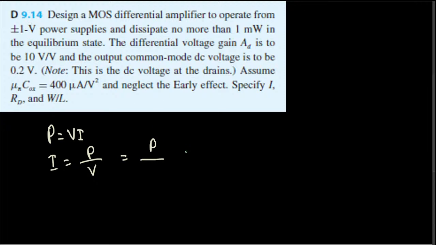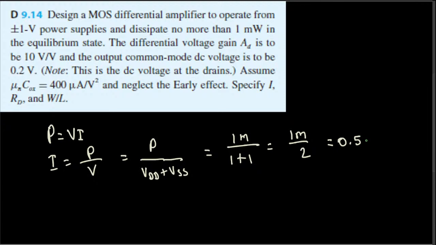The power supplies VDD and VSS are both 1 volt. So I is P over 1 plus 1, which is 1 milli over 2, that is 0.5 milliampere. That's the total current, that's the I value.